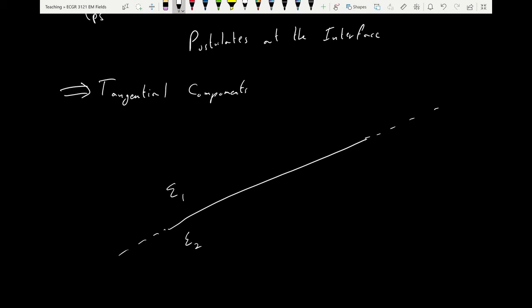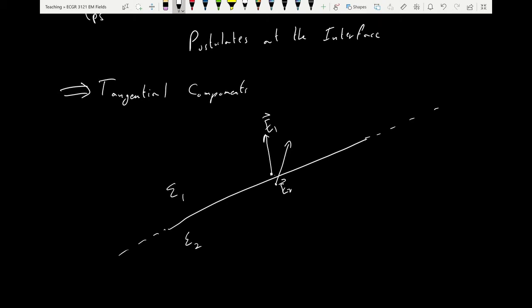So the point is that close to the interface, just before I hit the interface, in medium 2 I have some E2, and then just after the interface I have some other field. Let's assume it's different, to be the most general. It could be the same field, but let's assume it's slightly different. So this is E1, just after the interface.